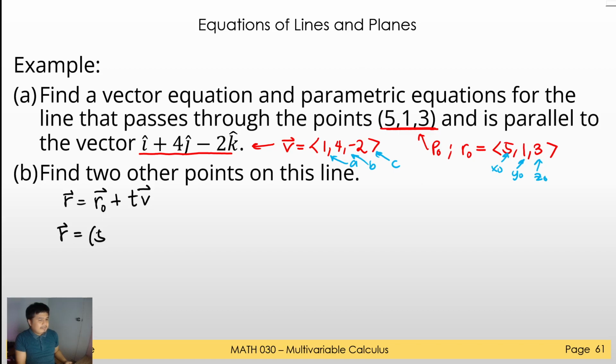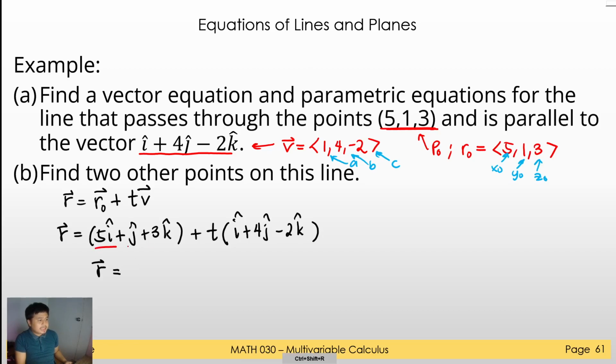We have 5i hat plus j hat plus 3k hat, plus t times (i plus 4j minus 2k). So we could just add this independently for each element. We have 5 plus t, multiplied with i, because we are multiplying t.